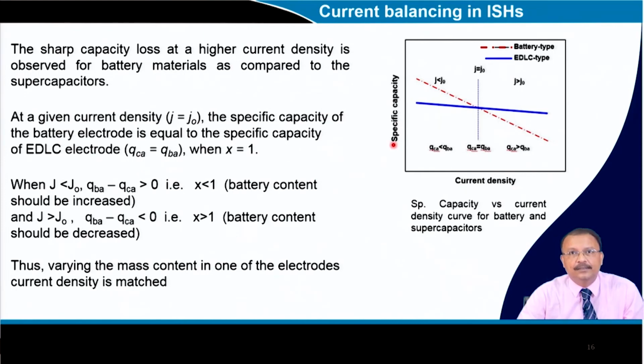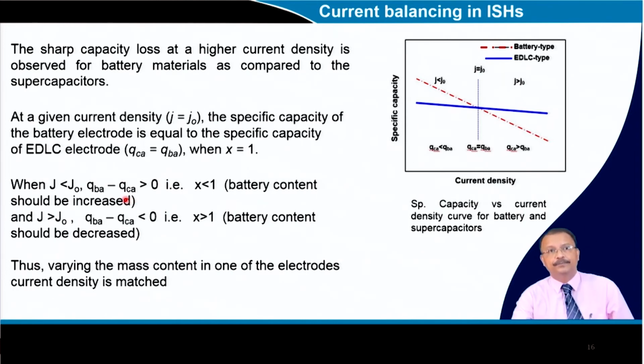So, when the value of the current is less than the value of this Z 0, then clearly the capacity of the battery is more than the capacity of the anode material, the negative electrode. That means the value of x is less than 1 and the battery component should therefore be increased.